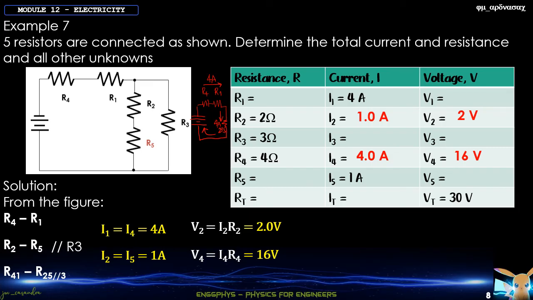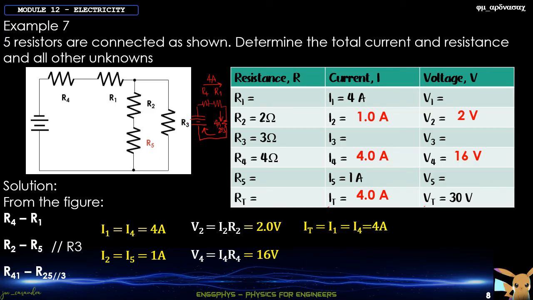Therefore, our total current is also equal to that current passing through I1 and I4, which is equal now to 4 amperes. Okay? And if we're going to look at our table, V total is given, I total is given, so we could also compute for our total resistance by Ohm's law.